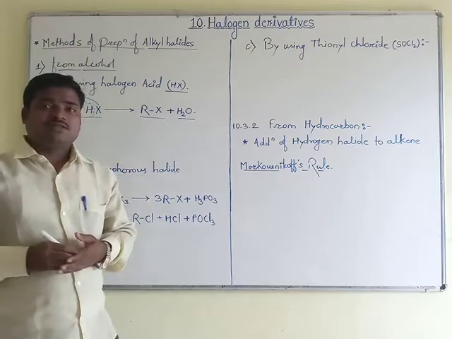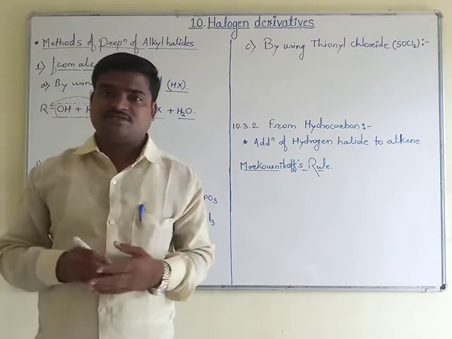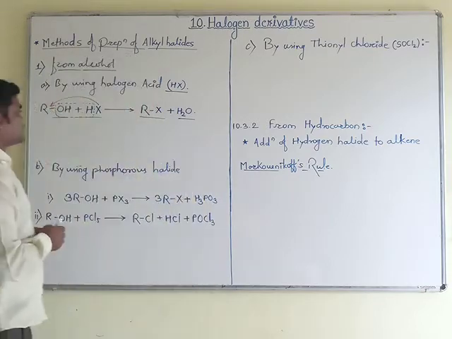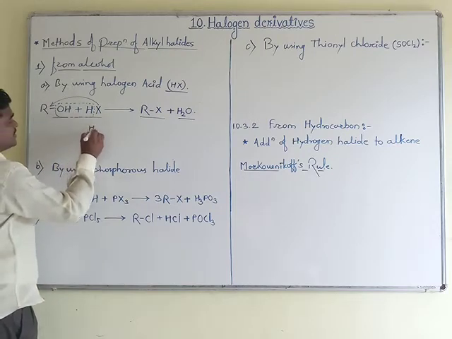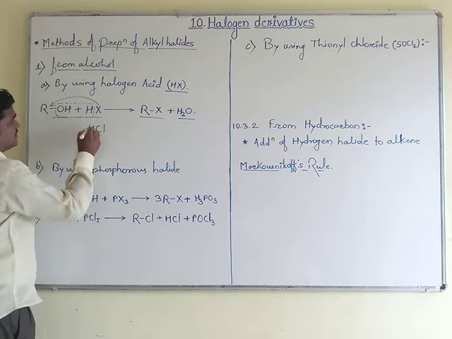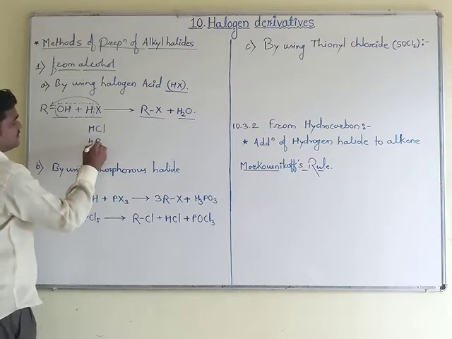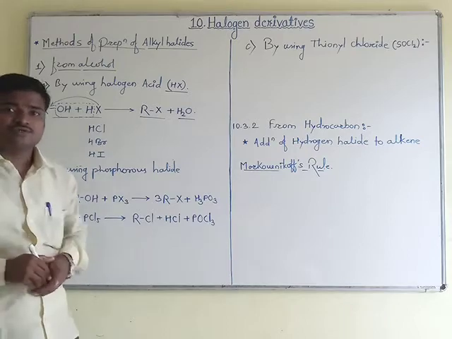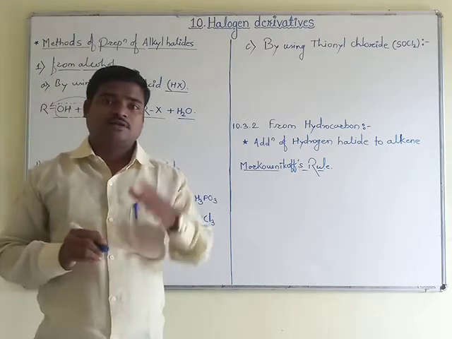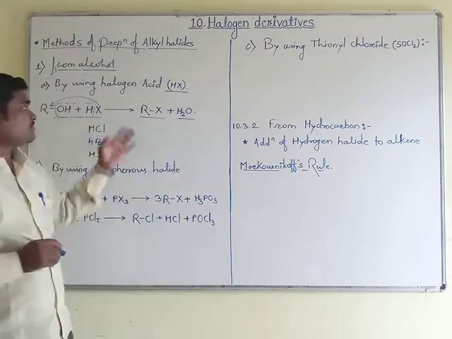Now we can see a number of examples of this type. If we look at HCl, HBr and HI, these are the three reagents by which we can carry out this general reaction.